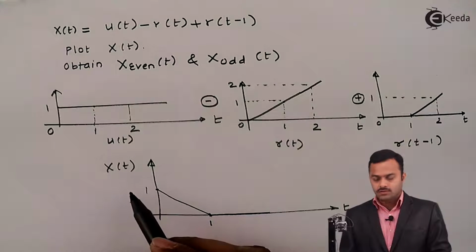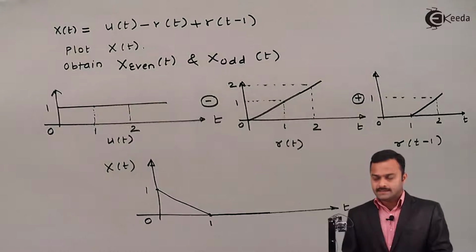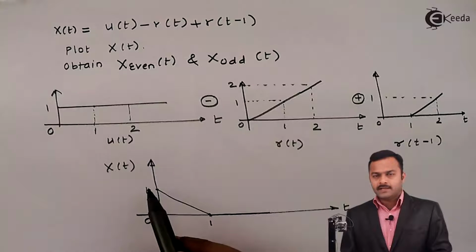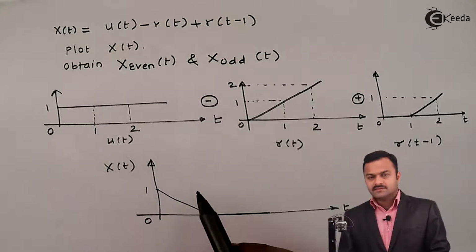Once x of t is known, getting the even and odd parts is easy. The first step for getting the even and odd parts is that we need to time reverse this x of t.